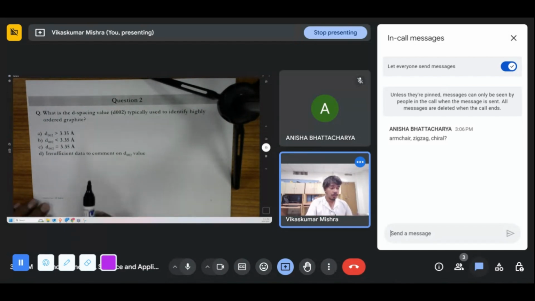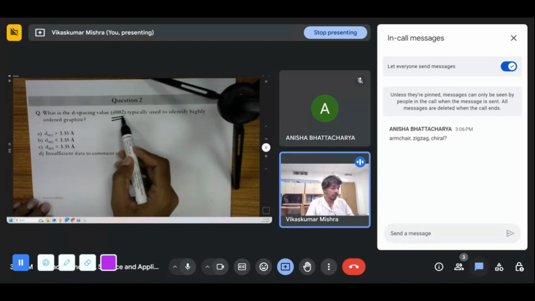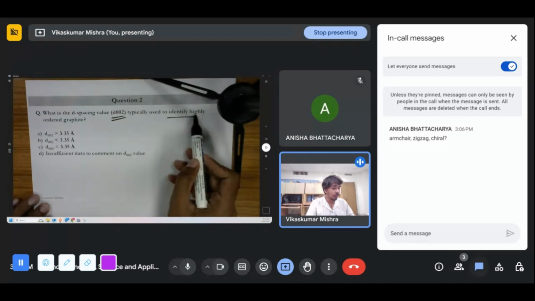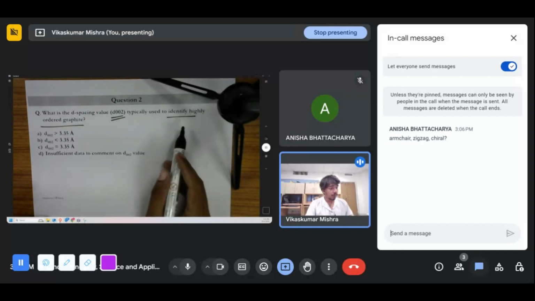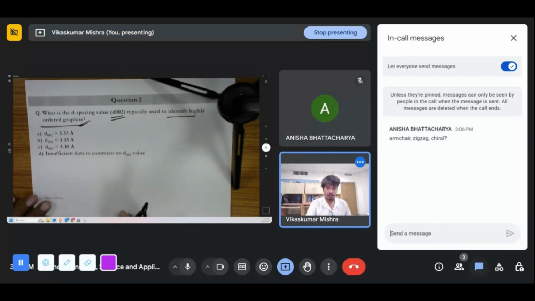What is the d-spacing, that is d002, typically used to identify highly ordered graphite? If the graphite sheet is highly ordered, then what will be the value? Option C is the right option.